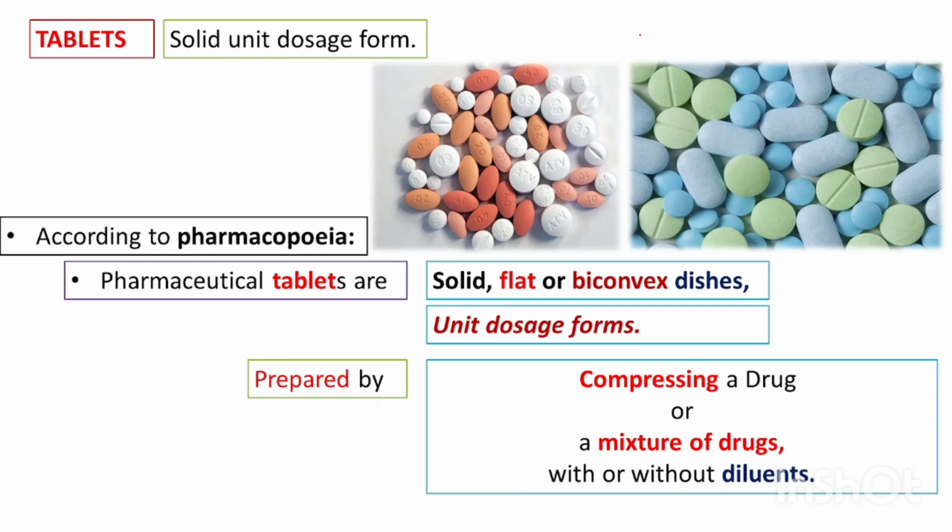For example, what are the diluents we use in pharmaceutical tablets? That are dextrose, starch, and kaolin. So these are some examples of diluents used in a tablet dosage form as fillers, to give it a proper weight and shape, right.